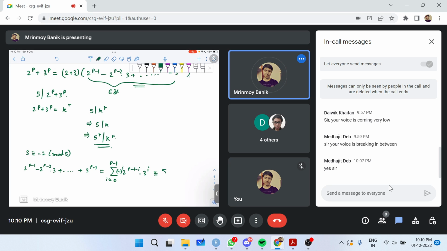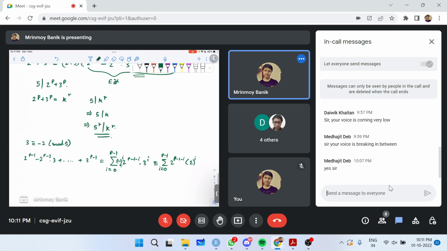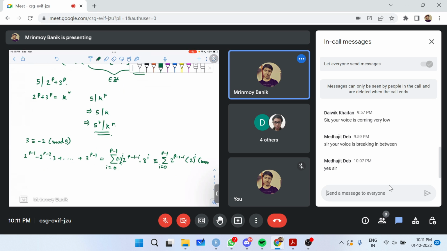This is congruent, mod 5, to the sum over 2^(p-1-i) times (-2)^i, and we can take that minus sign inside, giving 2^i.